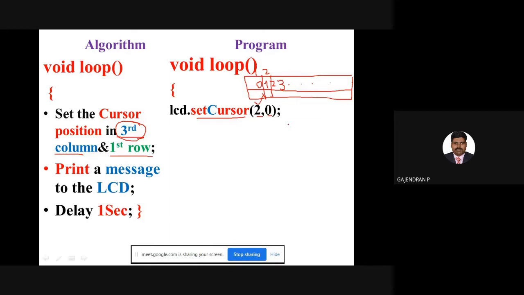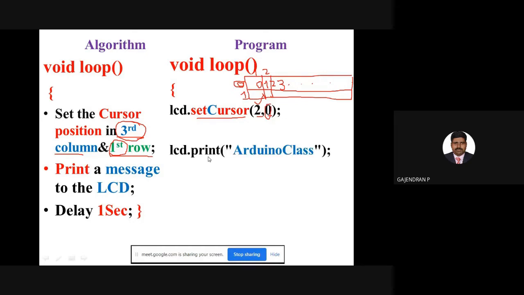In the same way, the first row we address as 0. Lot of them have typed correctly. See, in row also, first row means 0. Please read the statement. So the actual value minus 1 we have to type whenever you are going to address this.